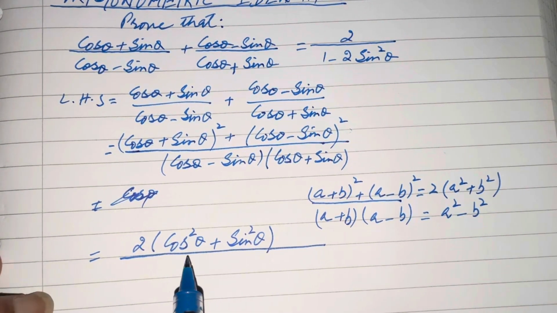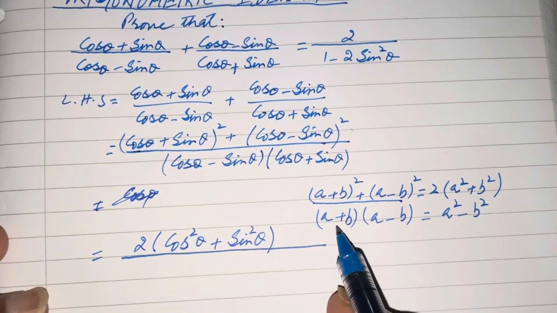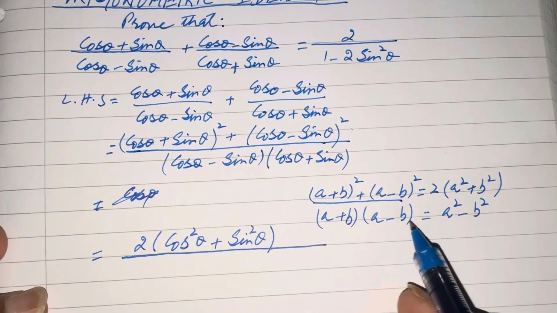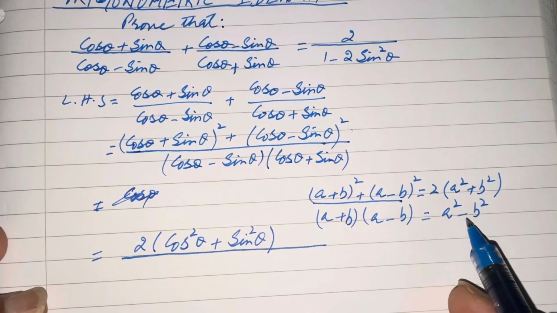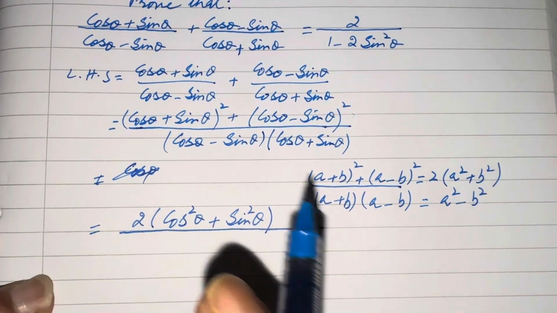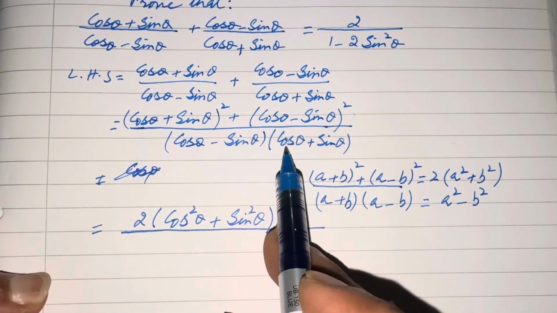If you see this second identity, that first plus second into first minus second always equals square of first minus square of second. So I can write this thing as square of first minus square of second.